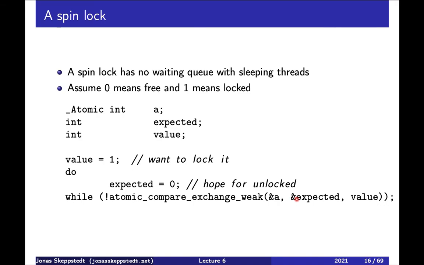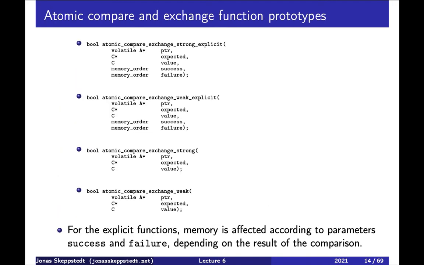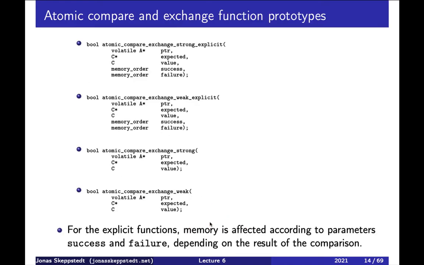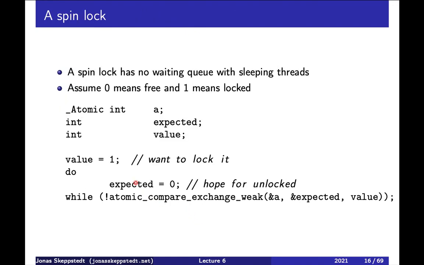Well, it is because this function should copy the old value of a into expected if the condition was not true. If a was not 0, then it will write the current value of a into this variable.